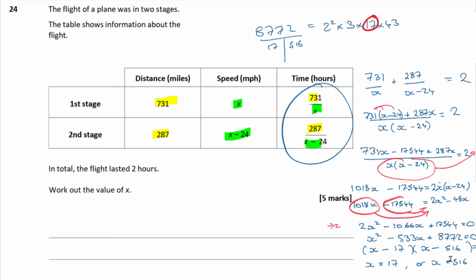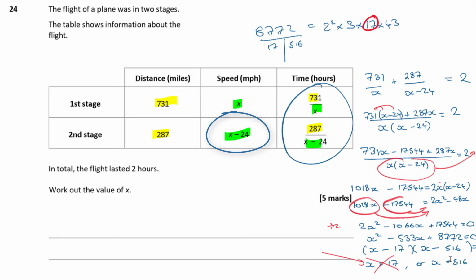Now, do both those solutions actually work though? Now, if x is 17, if you have a look here at x minus 24. If x was 17, then x minus 24 would be a negative number, which means our plane would be flying backwards, and that is not a good look for a plane. So I don't think this one is a possible solution.